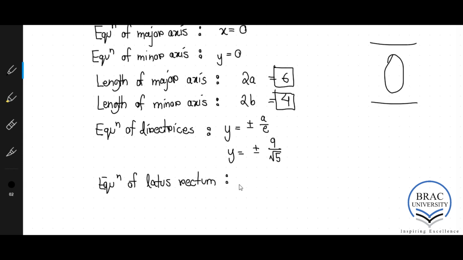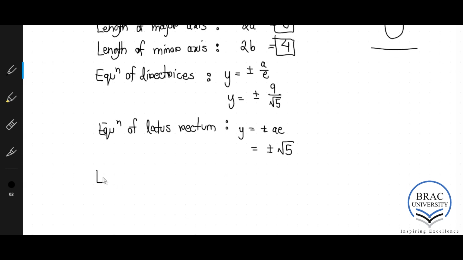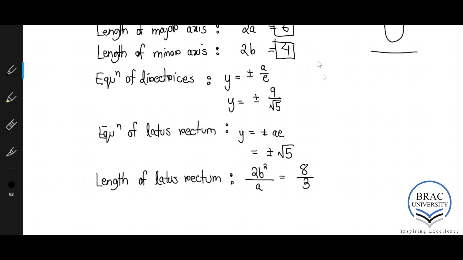And for the next one, we have y equals plus minus ae, right? So this is plus minus just square root of 5. And length of latus rectum here would be again 2b squared over a, which is 8 over 3. So that's all of these points.